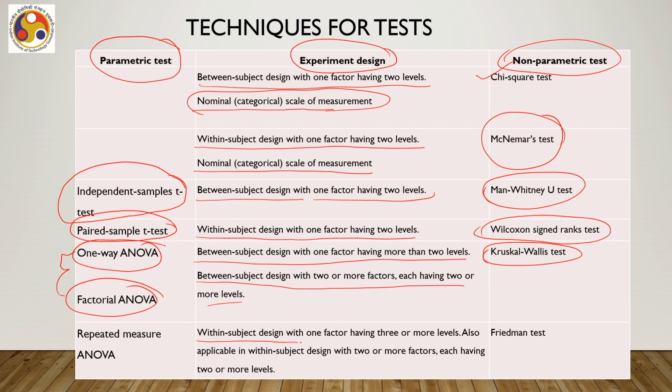If we have within subject design with one factor having three or more levels, also applicable in within subject design with two or more factors each having two or more levels, we can go for repeated measures ANOVA, which is a parametric test, or the Friedman test, which is a non-parametric test.